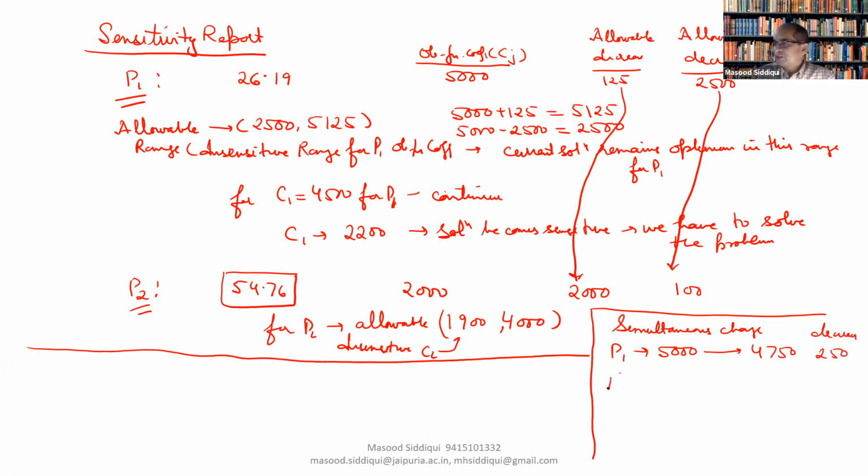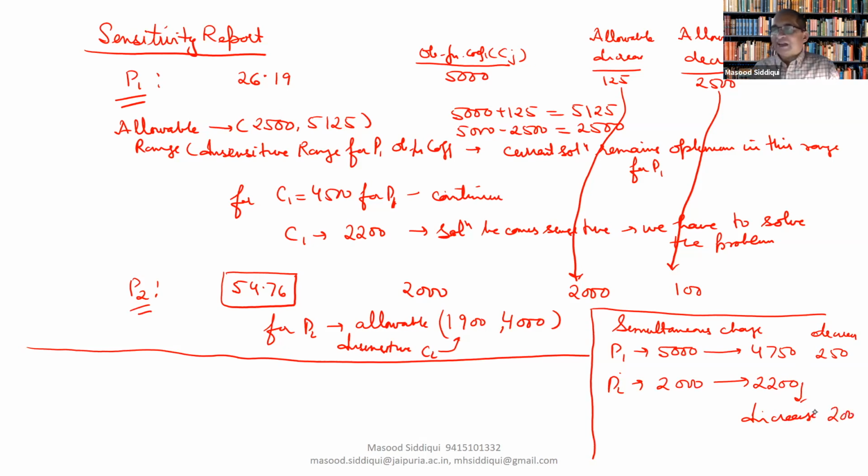And for product 2, the current profit is 2,000, and this profit has been increased to 2,200. So for product 2, there is an increase of 200.